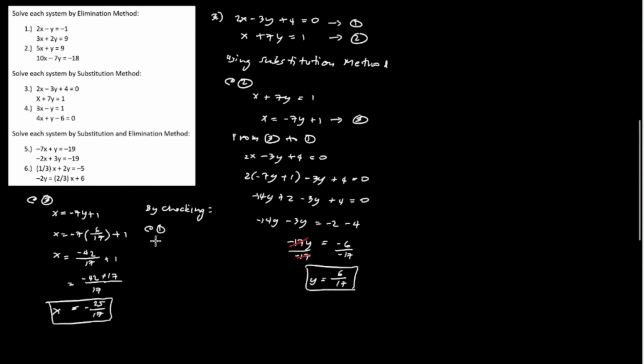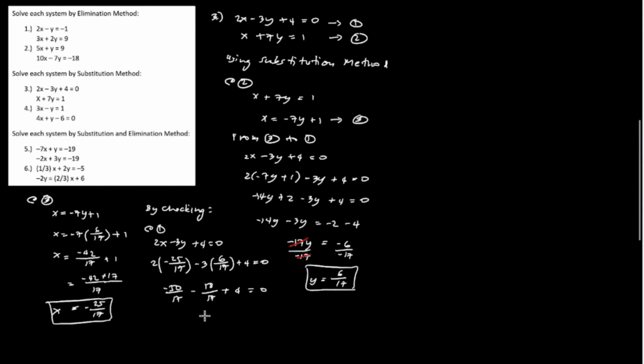By checking at 1. So 2x minus 3y plus 4 is equal to 0. 2 times x, which is negative 25 over 17, minus 3 times y, 6 over 17, plus 4 is equal to 0. 2 times negative 25 is negative 50 over 17 minus 3 times 6 is 18 over 17 plus 4 is equal to 0.